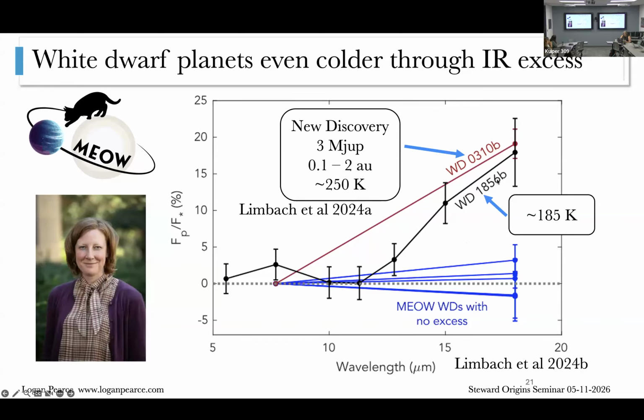And the planet is hot enough that it produces a significant excess in IR wavelengths compared to models with no planet present, which is the blue. And they made a new discovery of a 250 Kelvin planet, WD 0310b, which is 3 Jupiter masses, and they were able to show that it's most likely a planet and not a hot debris disk.